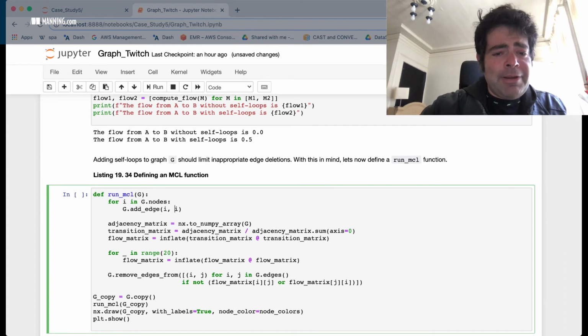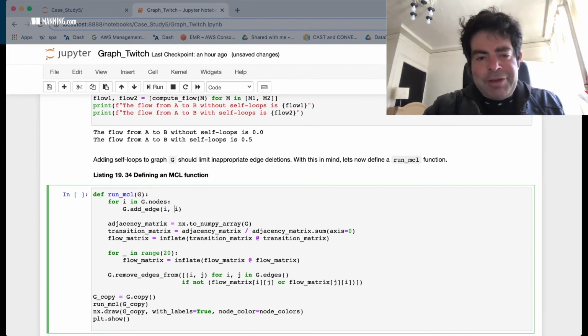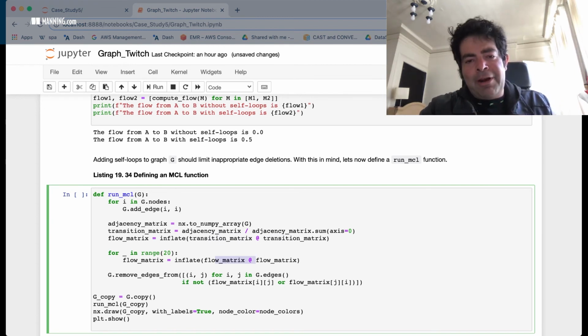Then we repeat our existing implementation of the Markov algorithm. We get the adjacency matrix, we compute the transition matrix, we use that to compute the flow matrix, and then we iteratively inflate the product of the flow matrix and itself.